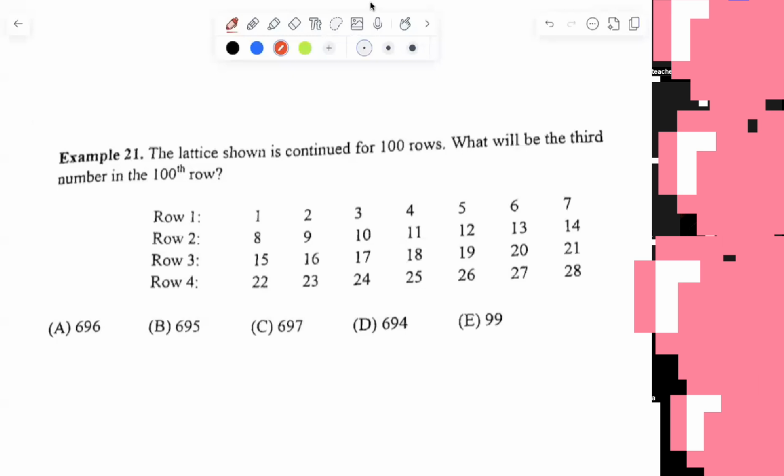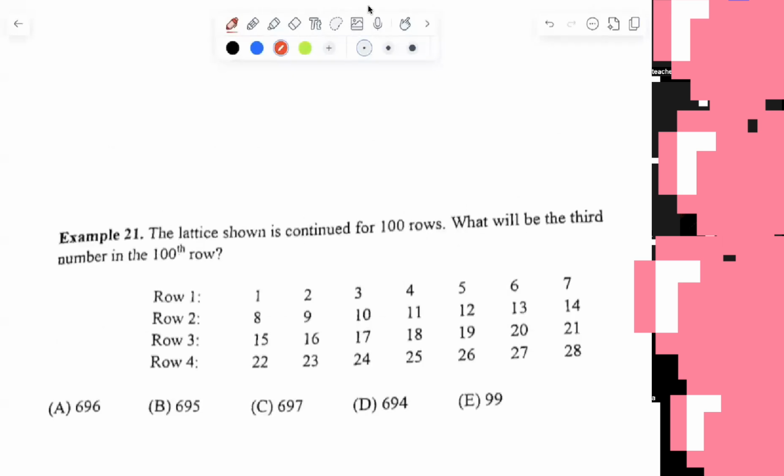All right, let's get started with this question. So basically, how are you supposed to do this question? First of all, notice that every row has 7 numbers, and the last number of each row is a multiple of 7. So what is the remainder when 100 is divided by 7?